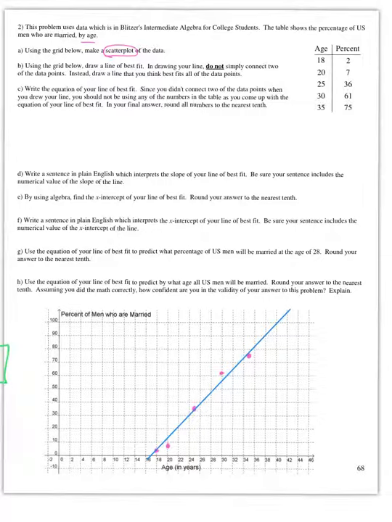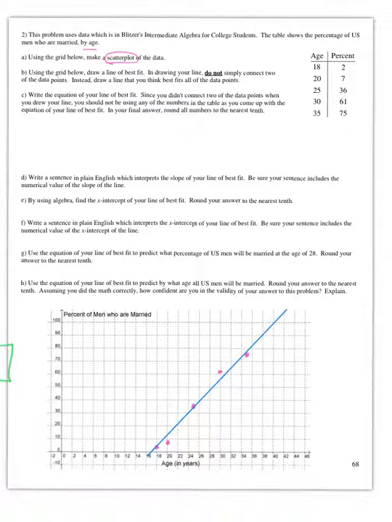And now I'm going to find 2 points that are on my line that are not data points but cross grid lines. That will give me 2 points to find the equation of my line. So the first point I'm using is (38, 90).